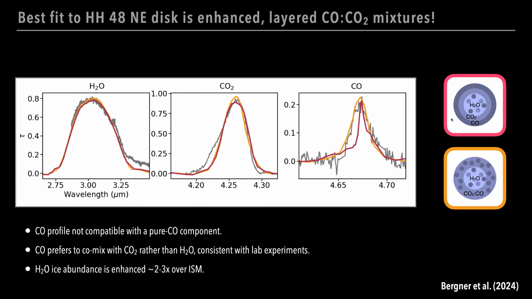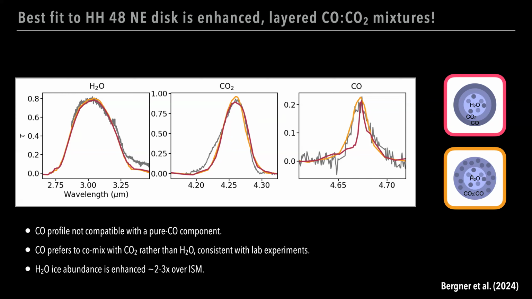And she tried a couple of different models. The one that fits the best is this yellow one, where you have a core layer with water mixed with the other ices, and then another layer of CO2 and CO ice mixed together on the outside. So it looks like what we're seeing is that as these grains were falling in toward the central star, some of the CO and the CO2 ice sublimated.